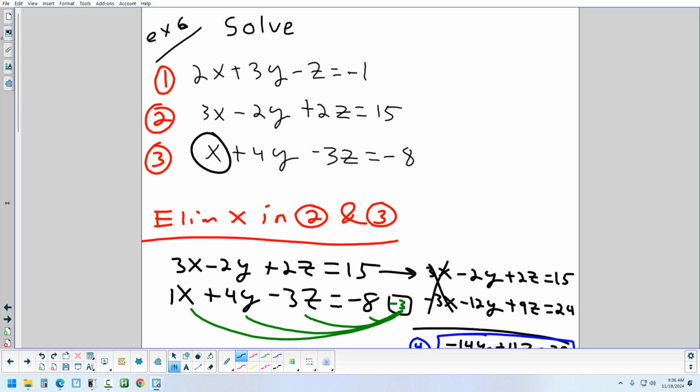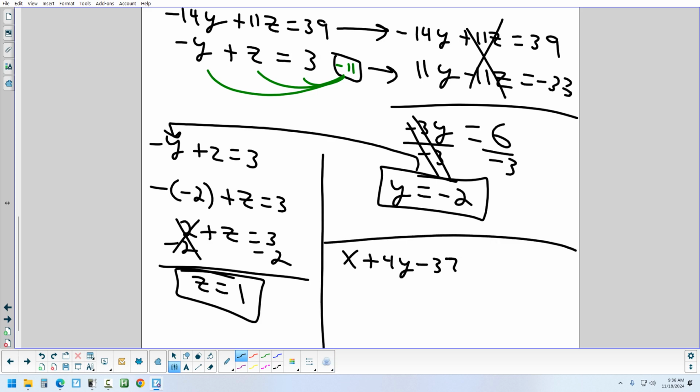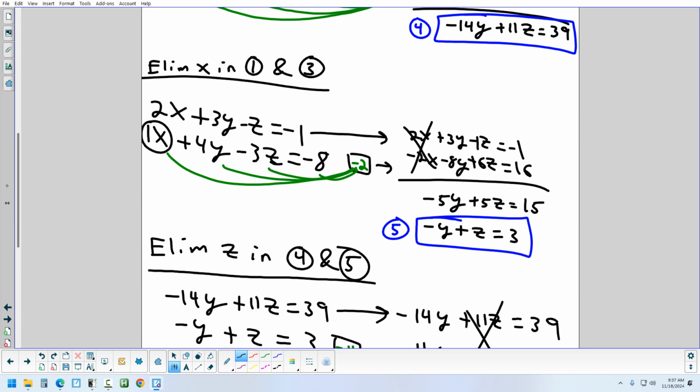Yeah, I would say 3, because x already has a 1 in front of it, so I would use that. X plus 4y minus 3z. So x plus 4y, was it equals negative 8? The last one? Yeah.